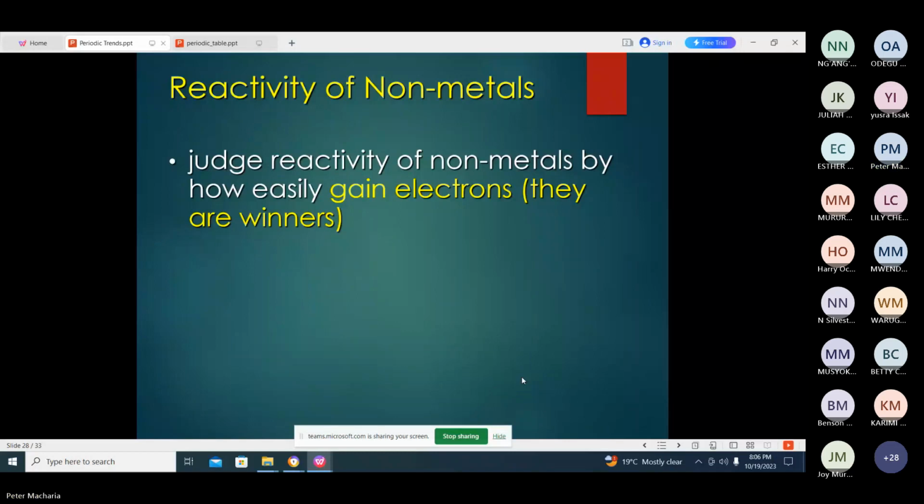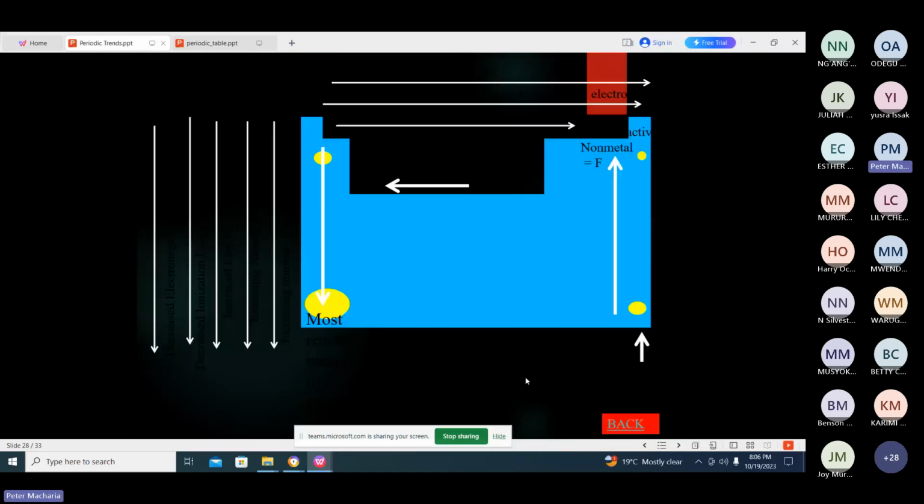Now, for the elements in the middle of the periodic table, that is carbon, group 3, 4, and 5. Let me go to the periodic table.